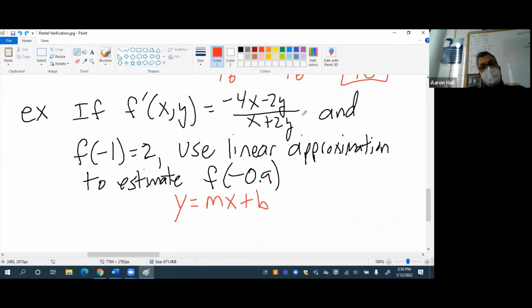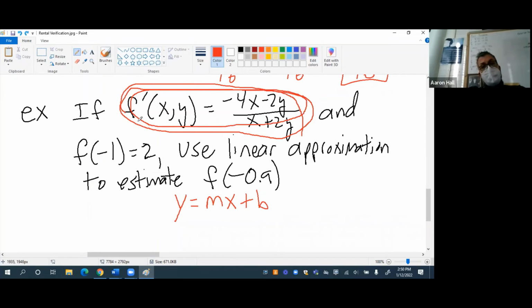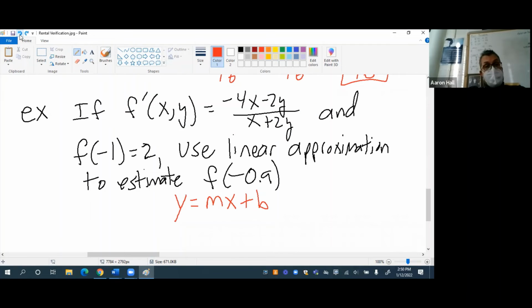Emma, what does your derivative give you? The m. It gives you your slope. Is there a way I can find my slope? My slope when x equals what? When x equals -1, y is 2. Right, that's my x value.